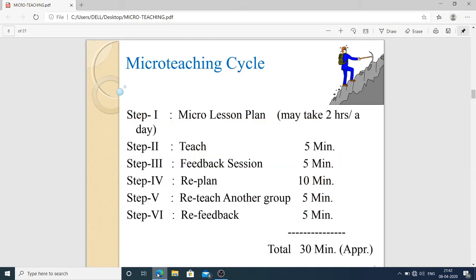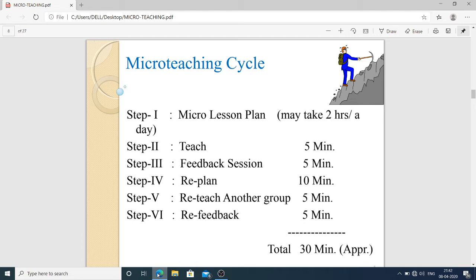Then the micro teaching cycle has steps from 1 to 6. The first step is the micro lesson plan. It takes at least 2 hours per day. The second step is to teach a small number of people for 5 minutes. The third is the feedback session: whatever the teacher teaches to the students, take feedback from the students.